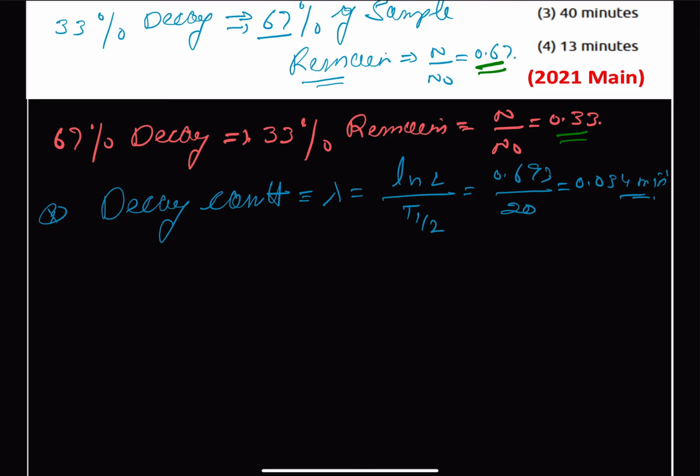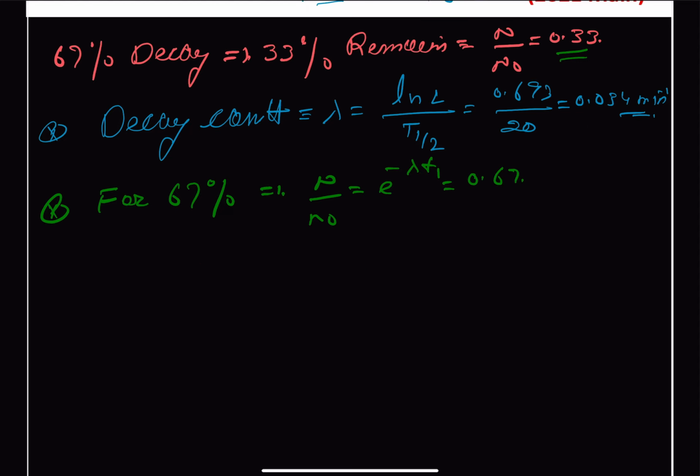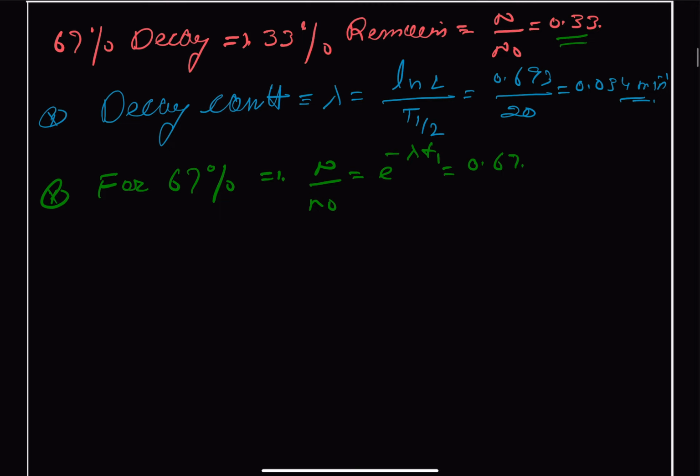For 67%, we can write that our n upon n naught is equal to e raised to power minus lambda t1, and this value is 0.67. So e raised to power minus lambda t1 is equal to 0.67.